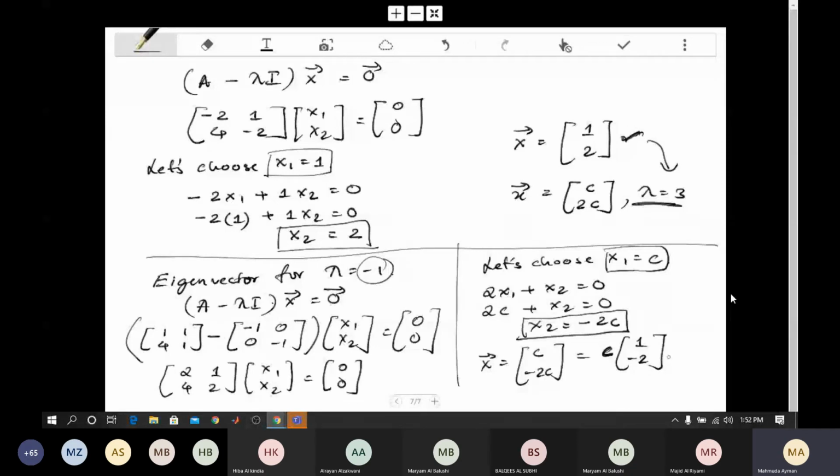So you can say that the eigenvector for lambda equal to 1 is 1 comma minus 2, or any multiple of it. For example, 2 times 1 is 2, 2 times minus 2 is minus 4, so 2 and minus 4 is also an eigenvector for lambda equal to 1. So I hope I could answer your question now, and you all understood everything up till here.